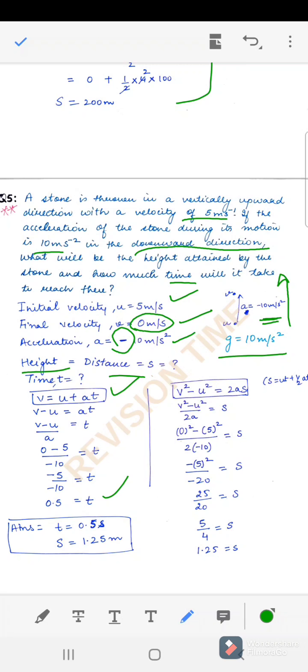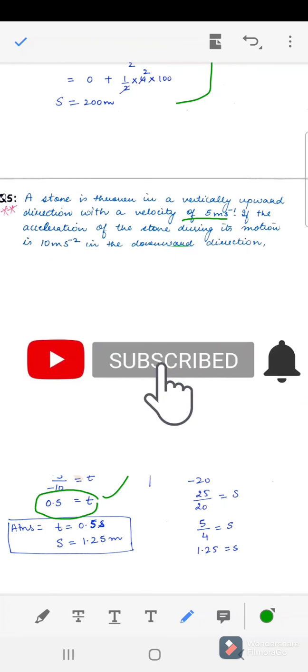And for distance we apply v square minus u square is equal to 2as. Also we can apply the second equation of motion, s is equal to ut plus half at square. This can be applied if we find the time first, then the distance, right? Both the formulas can be applied. So we will get the answer like this.